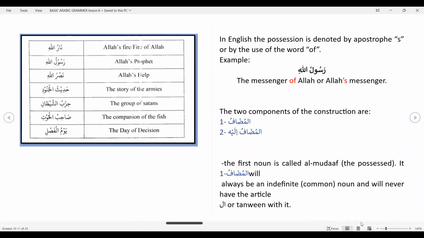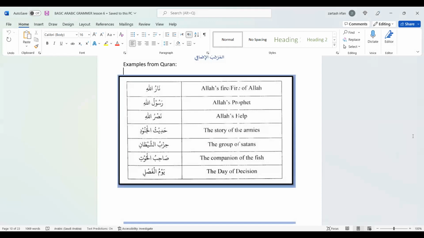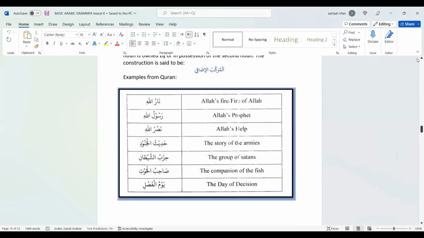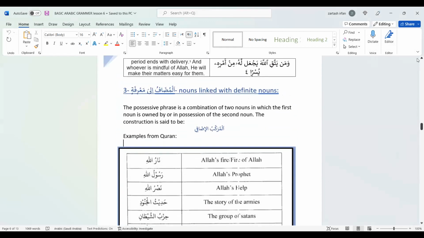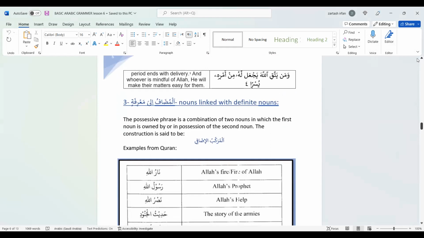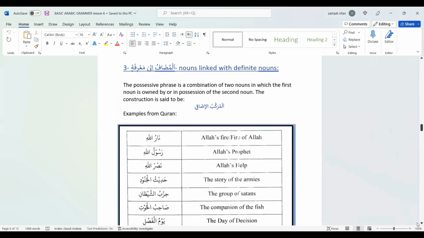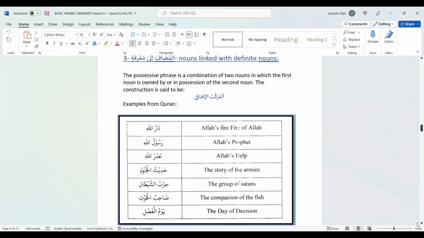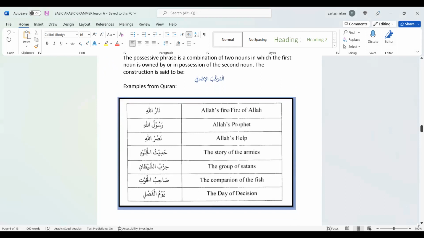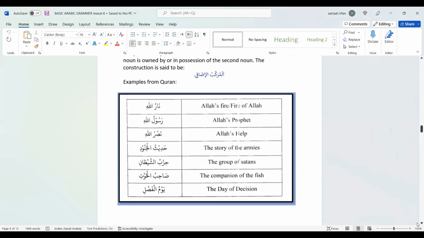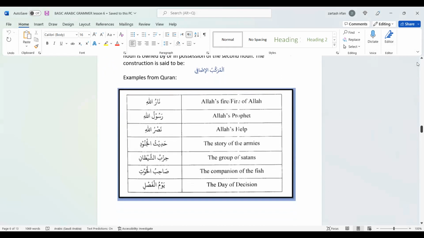So what are the examples of the idafa construction? The first example is narullahi. What is narullahi? Allah's fire, or fire of Allah.